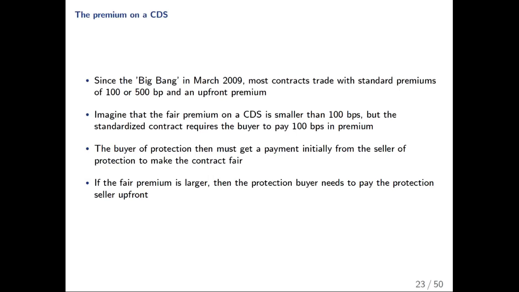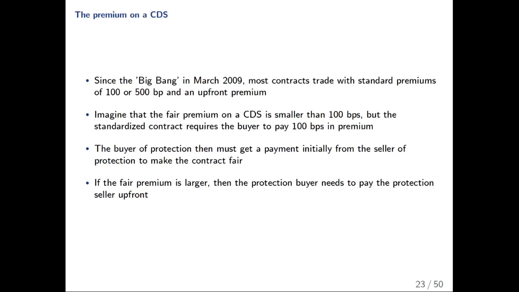So there will be an initial payment given by the protection seller to the protection buyer in order to offset this payment. The other way around, if the fair premium was larger than the 100 basis points, then the protection buyer will pay the protection seller the difference between the fair payment and the premium payment.